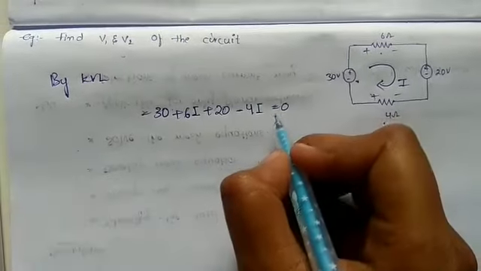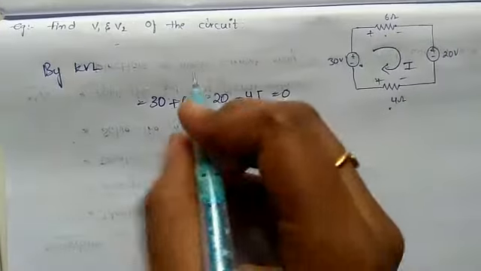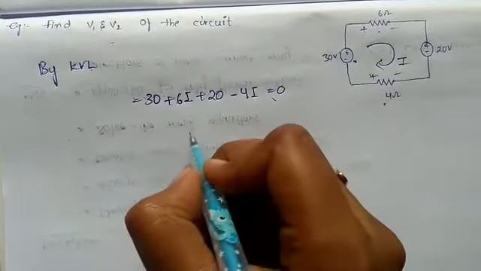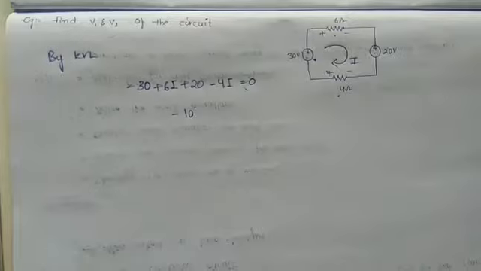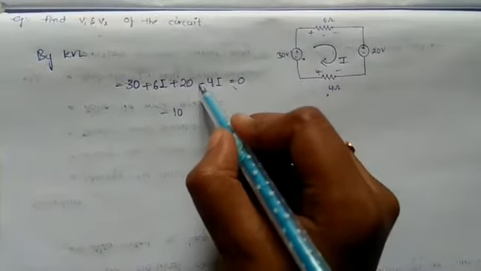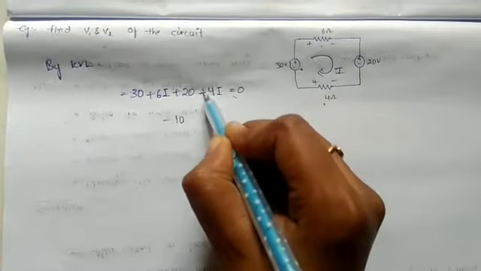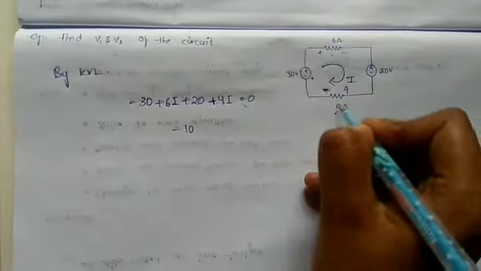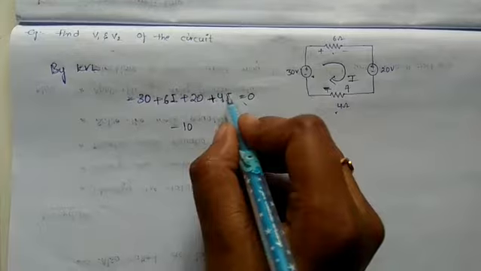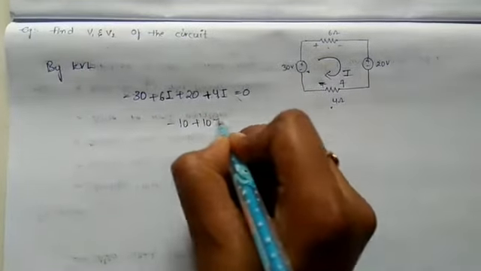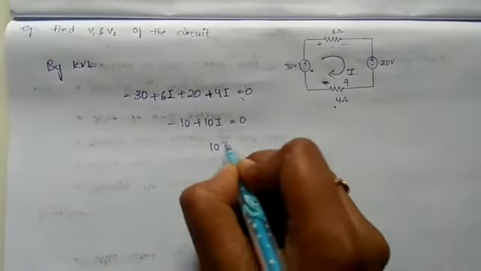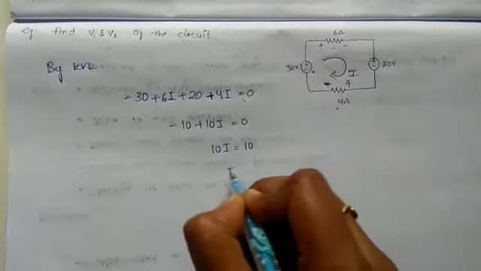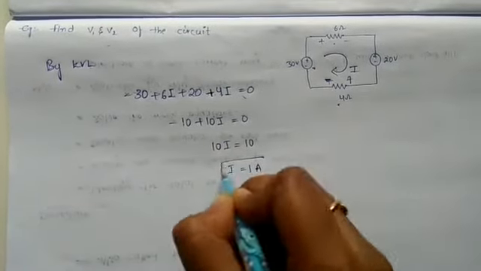Then minus 30 plus 20 is minus 10. And sorry, this is plus because for a resistance we always consider plus and then minus. So we are writing 6I plus 4I is 10I is equal to 0. Then 10I is equal to 10, I is equal to 1 ampere.